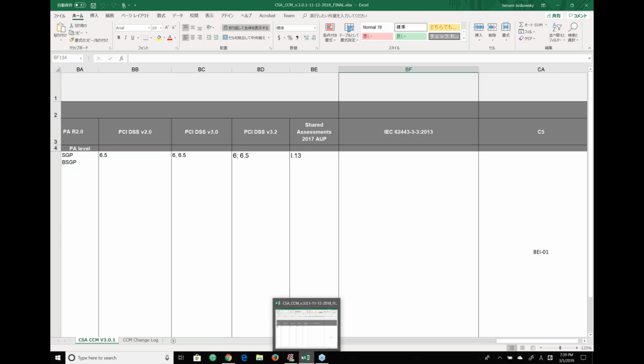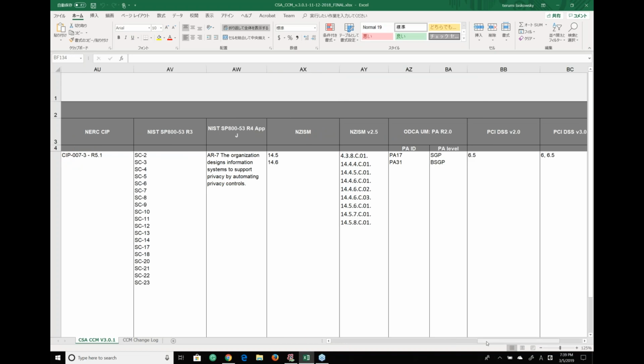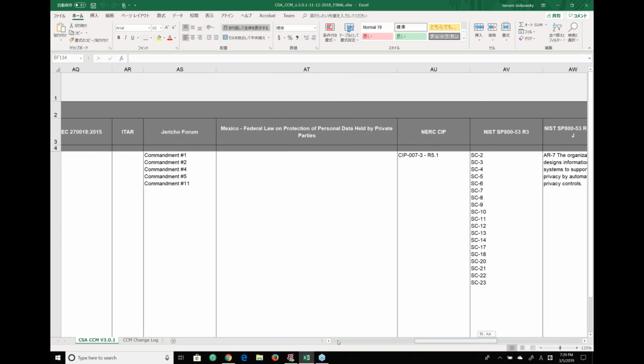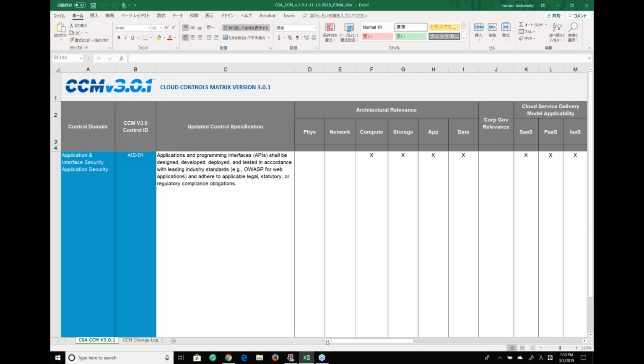This is available. You'll get a link to this. This is a set of controls, the kind of security things that you have to consider when people are coming up with requirements for creating cloud systems. It's produced by an organization called Cloud Security Alliance, and they have a bunch of resources around this.